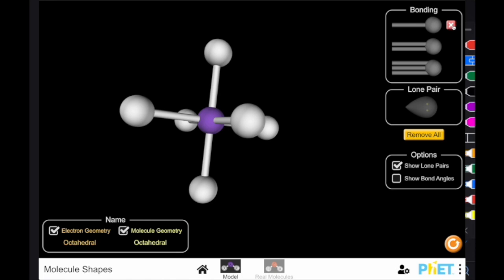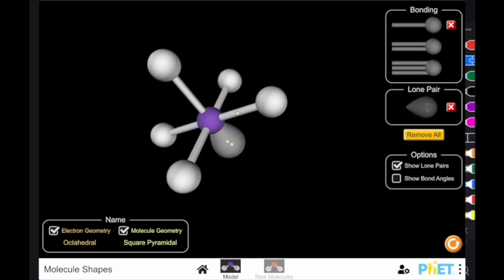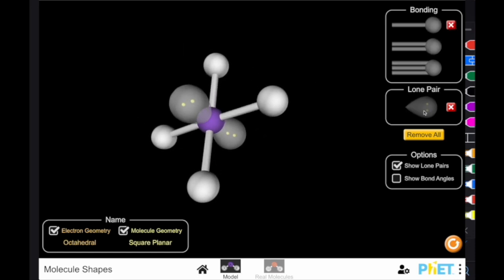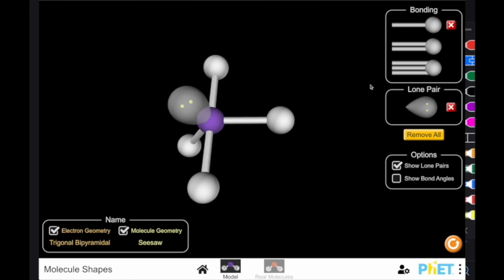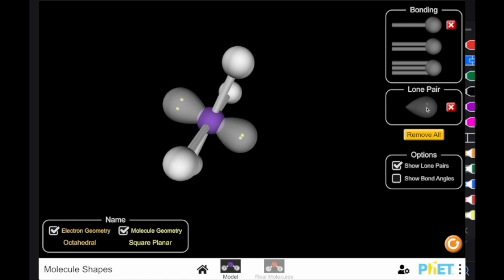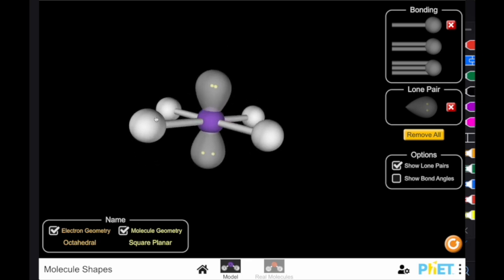So when you stick a lone pair in here, that first lone pair can go anywhere. It doesn't matter. But when you put the second one in, the second one will always go opposite. Do you see what happened there? Here, let me go back. So here's one lone pair. Look what happens. I think the algorithm sticks a lone pair in one place, and then it shows you how it moves naturally to, let's see if I can do that again.